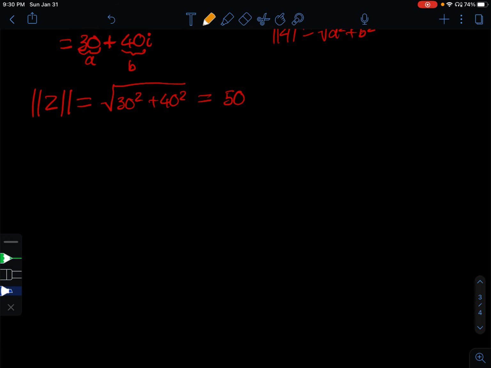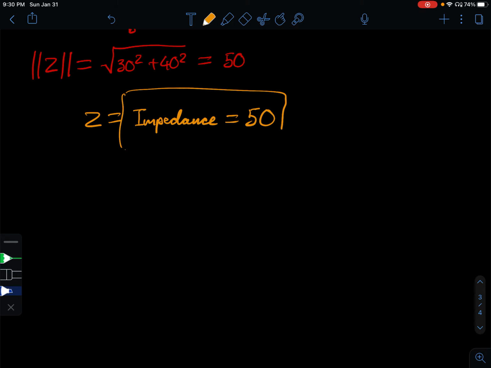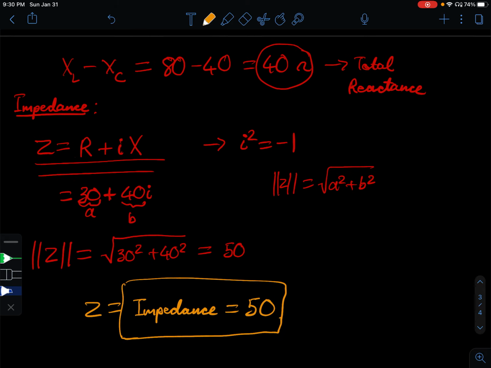And therefore, this is the final part of the AC circuit solving, and that is Z, the impedance, which is 50. And that's how you solve for impedance in an AC circuit.